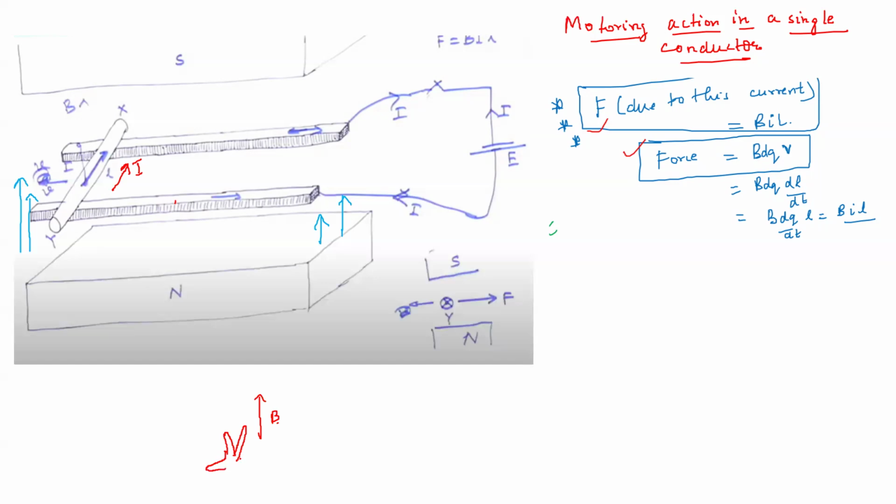So here you have the north to south pole upwards as your forefinger, and your current carrying conductor. You will have your hands in this position, right?